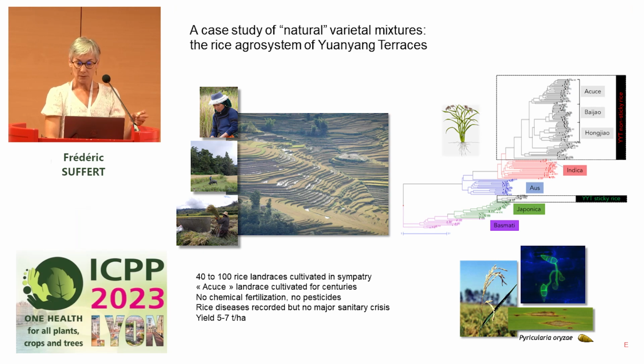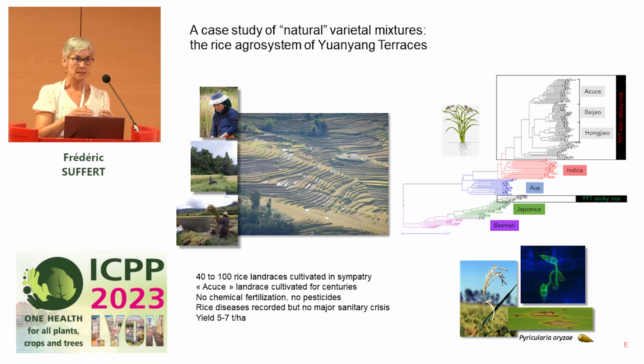What you can see here is that most landraces are indica landraces, but there are also some japonica landraces that are cultivated together with indica landraces in the system. The second important thing is that we really have landraces, that means population varieties. One variety is constituted of different plant genotypes that are closely genetically related.